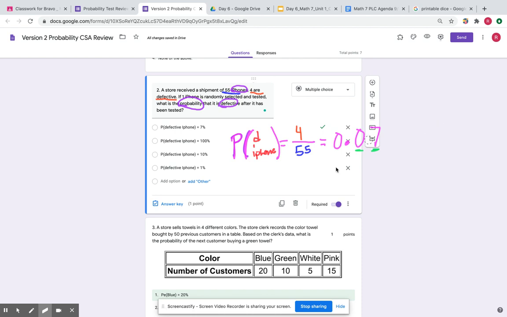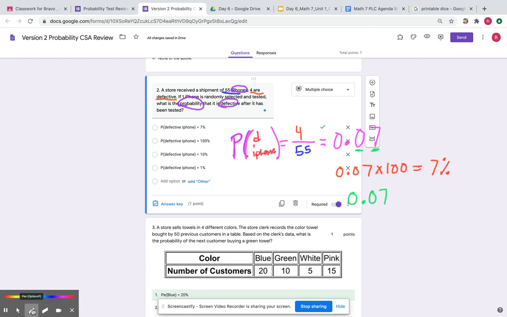One quick way to change this decimal to a percentage is to multiply by 100, because that's just the way it is. And you multiply by 100 and you should get 7%.